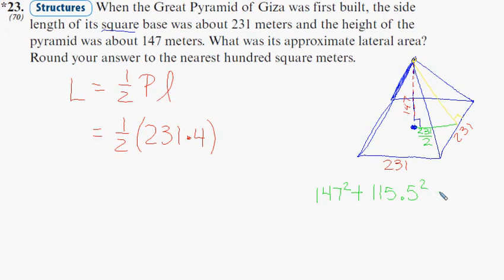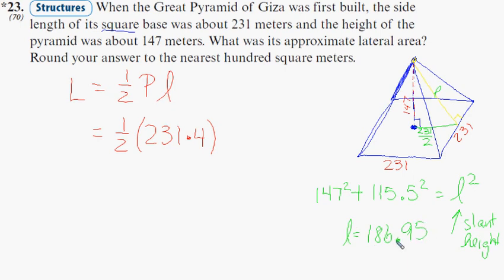All right, equals, and I'm going to call this L squared because that's my slant height. Okay, I'm going to call that L. That is not talking about the leg. Okay, so I'm just going to say maybe slant height so you can see where we're going with that. Okay, so now you have to solve for L. If you solve for L correctly without making any mistakes, you should get 186.95.